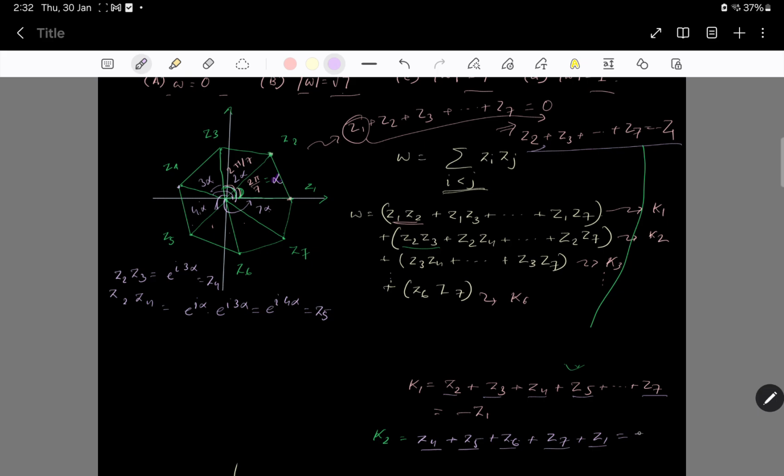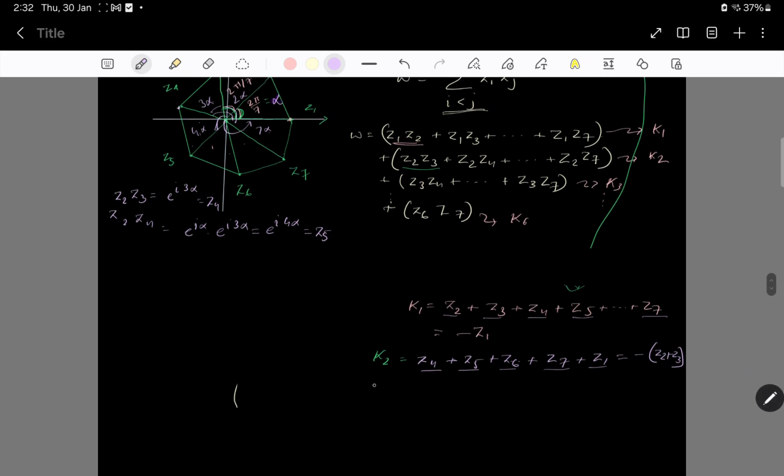It's nothing but minus z2 plus z3. So our k2 is figured out, and we still have to figure out k3, k4, k5 and k6.